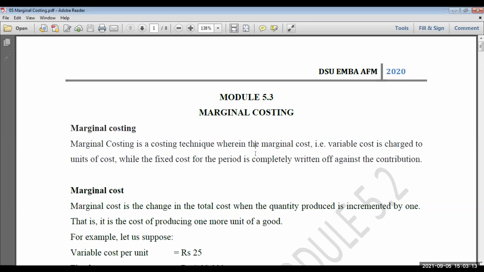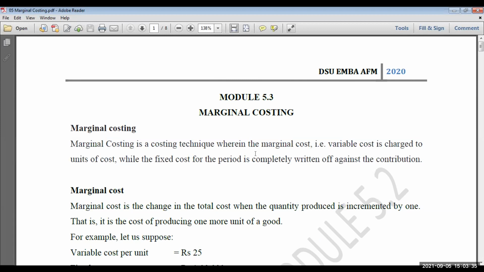Okay, so the next topic we are going to discuss under costing is marginal costing. There are so many techniques and methods available in costing to determine the cost of a product or service and to have control over the cost. One among them is marginal costing. What is marginal costing?